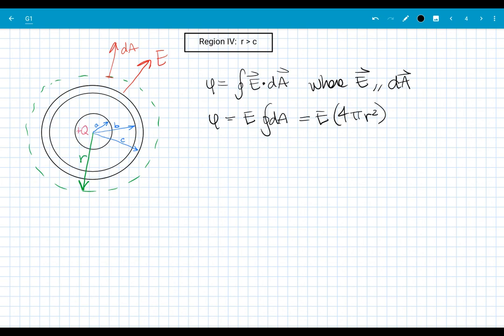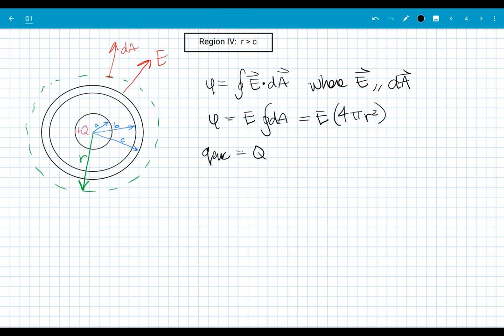It's still a sphere, so the area is still the same. And all of my E contributes to flux, so I don't have to worry about losing any components. My enclosed charge, and remember this is the charge enclosed by my Gaussian surface, is still just big Q, because I'm enclosing the shell now, but the shell doesn't have any net charge.